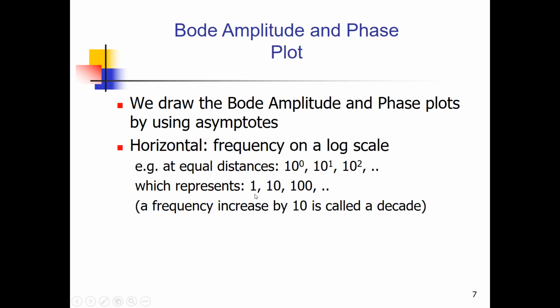So when we increase the frequency from 1 to 10, that is a decade. From 10 to 100, it's again a decade, and from 100 to 1000, it's a decade. All these decades have equal distances on the horizontal axis.